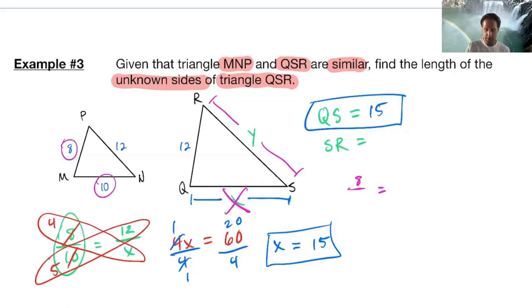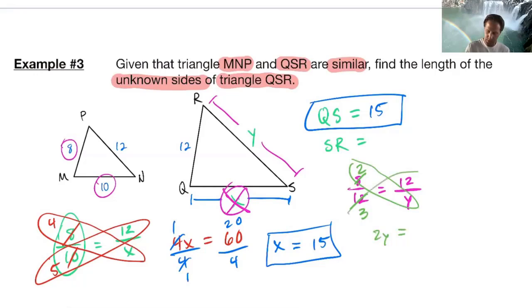And you can actually do 10 over, but I would use the things that you were given rather than the one that you just found here. So I would do 8/12 and set that equal to 12 over y. And again, cancel. 8 and 12 each have a divisor of 4. So 4 goes in this twice, 4 goes in that 3 times, and then you can do your cross product.